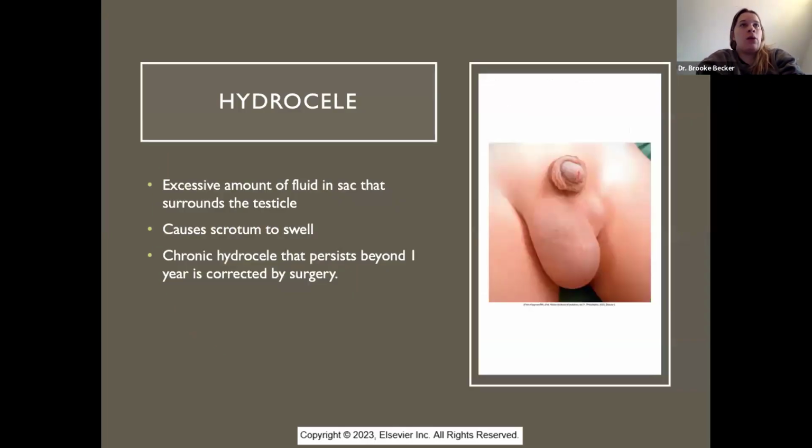So, okay, hydrocele. So this is an excessive fluid in the scrotal sac around the testicle, okay? So, you can very easily see that there seems to be some fluid on the scrotum on this side. So if kids have hydrocele that lasts for longer than a year of age, then they go in and correct that.